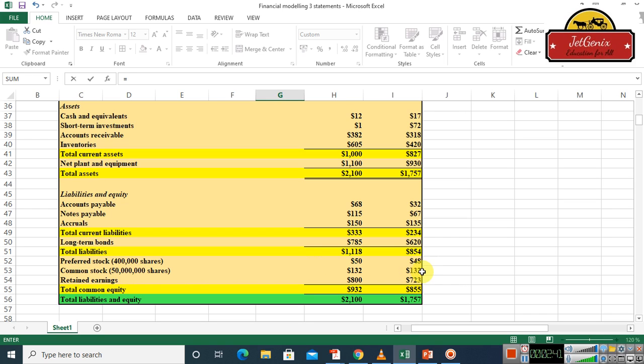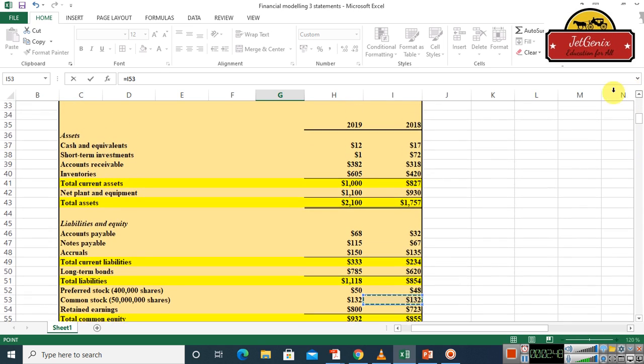And the total amount in 2018, because if you can see the columns here, the data is for 2018 and here the 2019. The total worth of the common stock is 132 million. So click on this one and press enter.